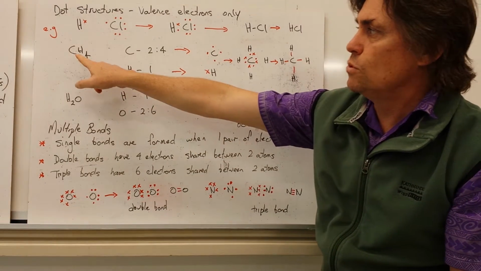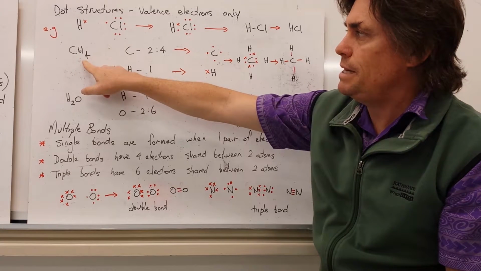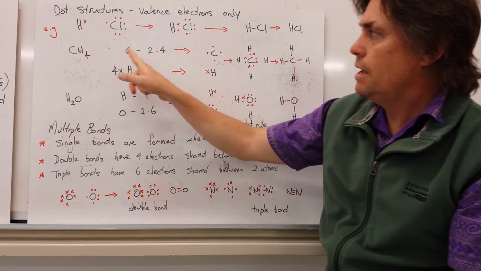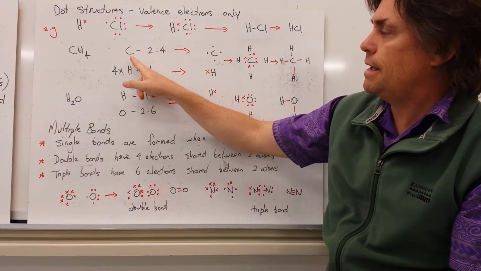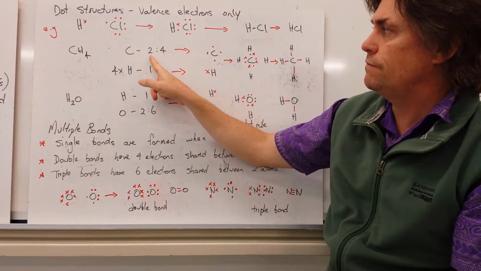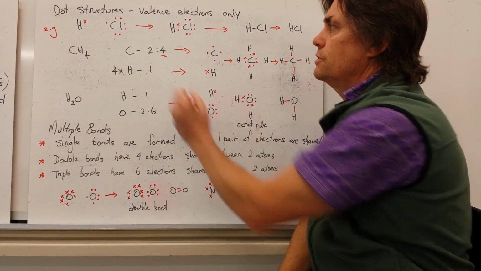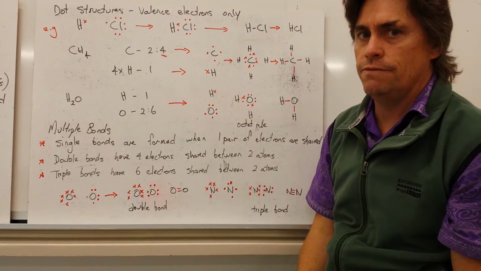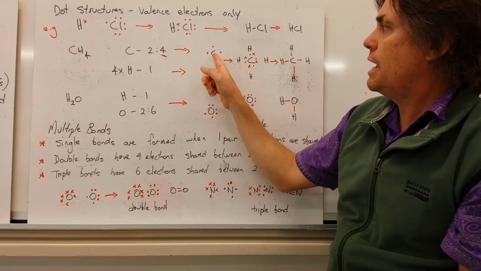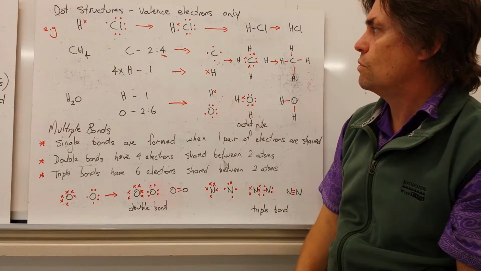Let's look at something slightly more complex. We have a molecule of methane, CH4. Our carbon has an electron structure of 2 in the first shell, 4 in the second. So it's the 4 in the second that we're concerned with, because we're only going to show the valence electrons. So our carbon will be surrounded by the 4 electrons.